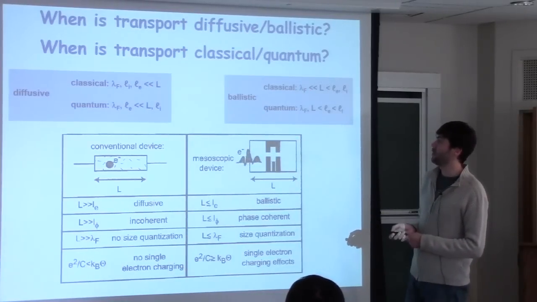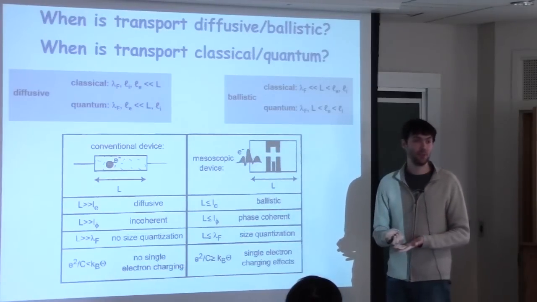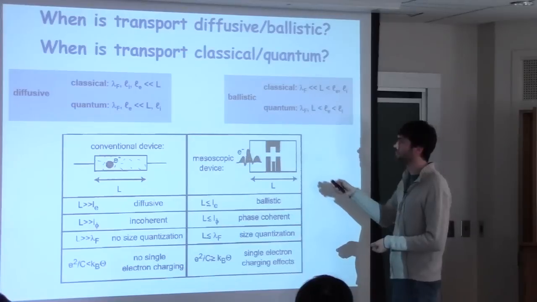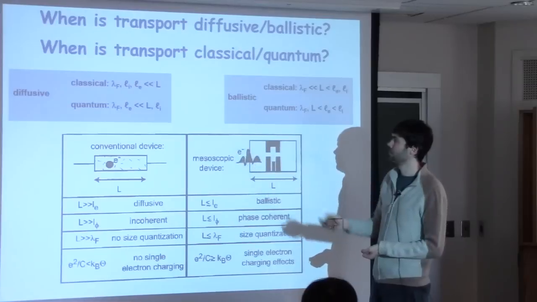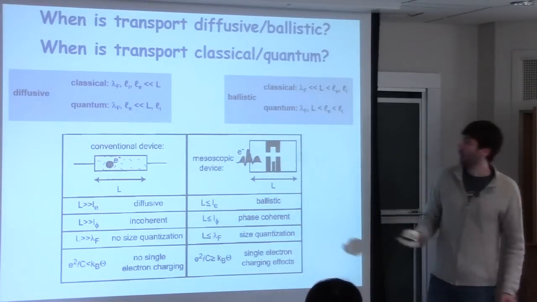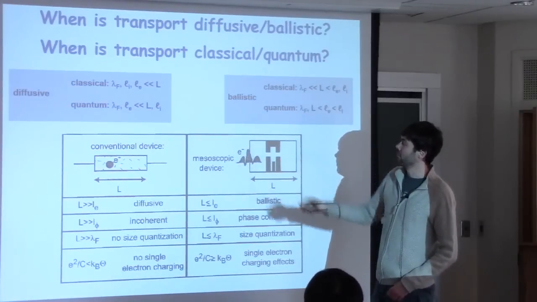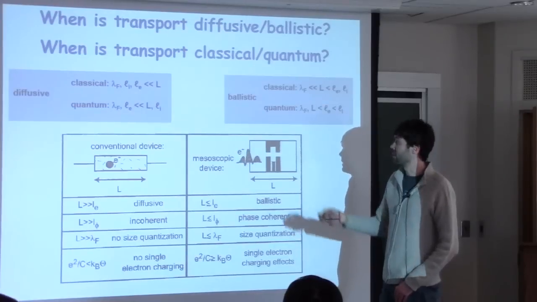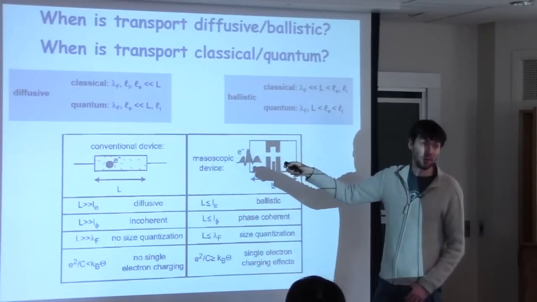And they are distinguished by the ratio of the length scales that we just discussed. So let's go one by one. In the classical case, this is a case of a resistor. For example, a very conventional piece of metal, maybe at room temperature, a microscopic size. What we have is a Fermi wavelength that is very small, a nanometer.